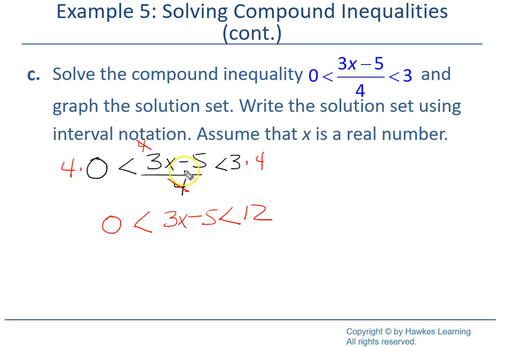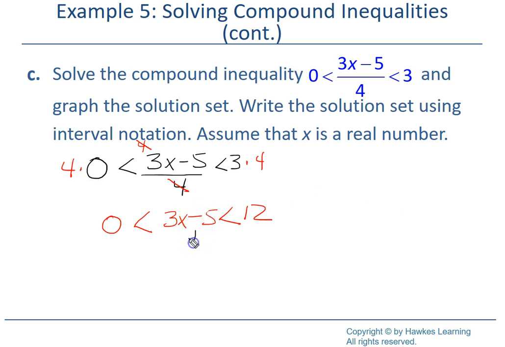So just taking a moment to see what's going on. We've just copied it. We want to get rid of the fraction, so multiply each term by the fraction. Here it cancels out, and I've rewritten it and multiplied through. Now, I want to get rid of this negative 5.